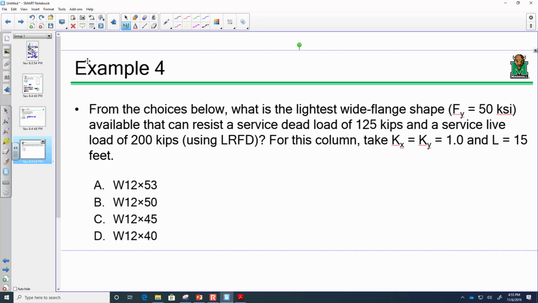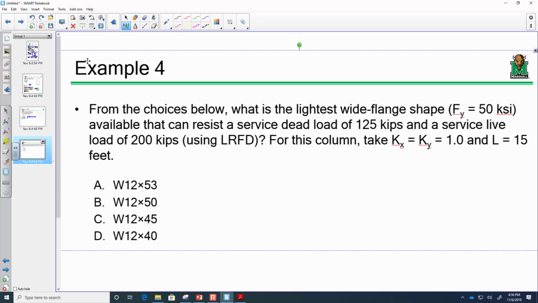Now, Kx and Ky. Kx and Ky are my effective length factors for column buckling. If Kx and Ky are the same, and the length is the same in both directions, which axis governs my design? The strong axis or the weak axis? The weak axis, right? What gets complicated is if I have a weak axis length that's 15 feet and a strong axis length that's 25 feet.